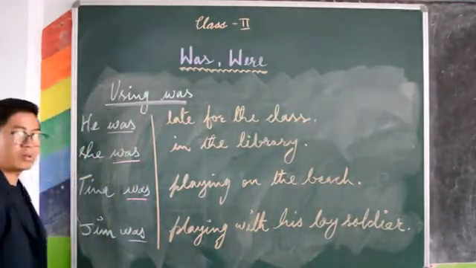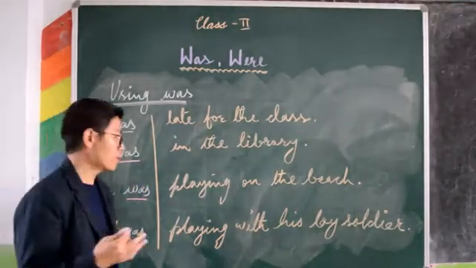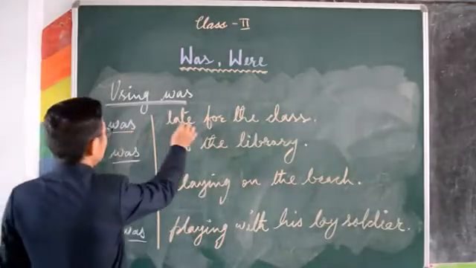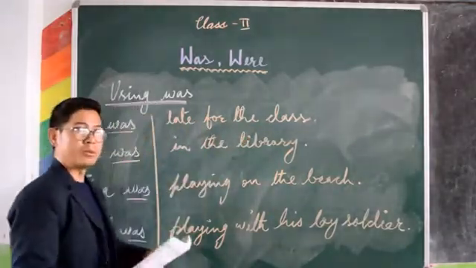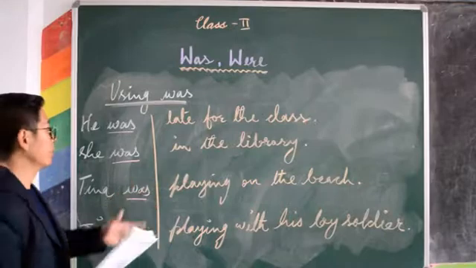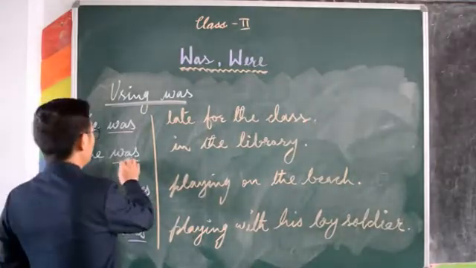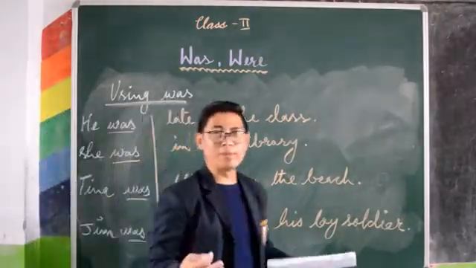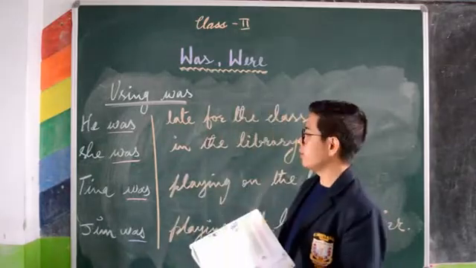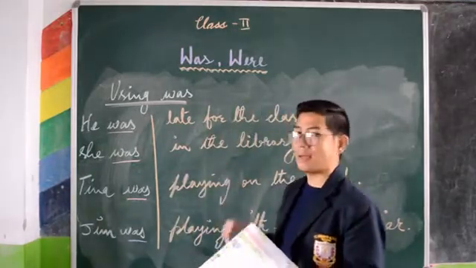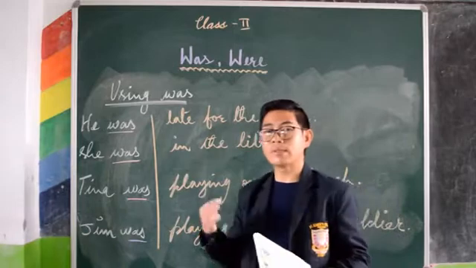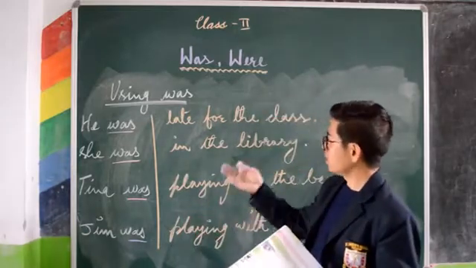We use this was when we talk about the past tense. Say, he was late for the class. She was in the library a few minutes ago. A few minutes before now, she was in the library. Okay? I have seen her.